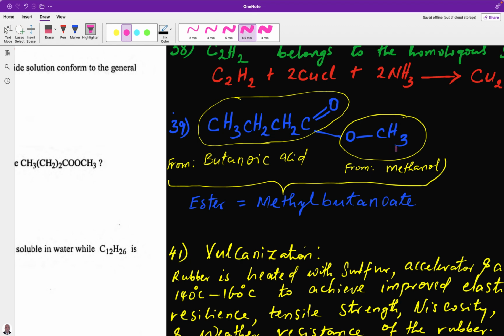So we say methyl, because the methyl group comes from the methanol, and then the acid part ends in noate: methyl butanoate.